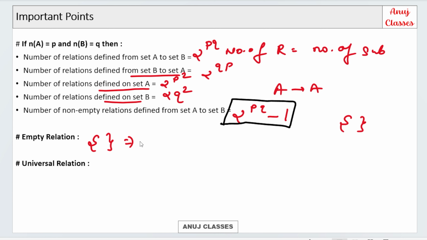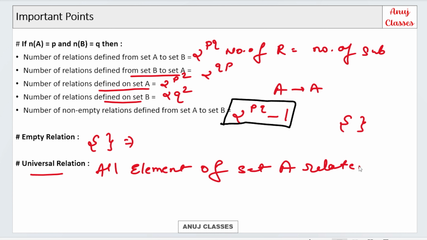And when all elements of set A are related to B, this is known as the universal relation.